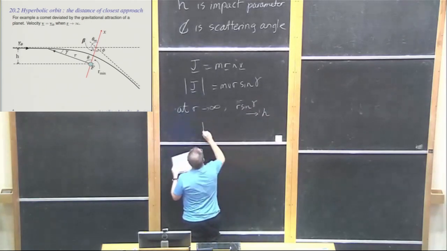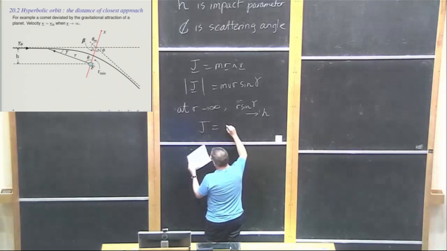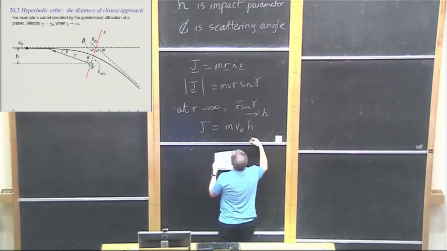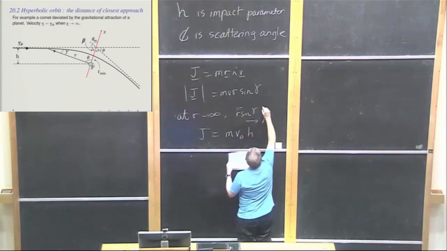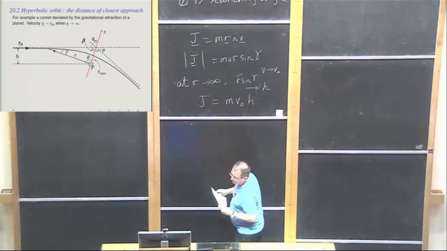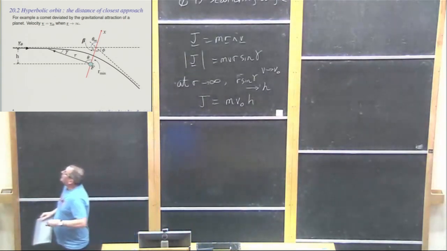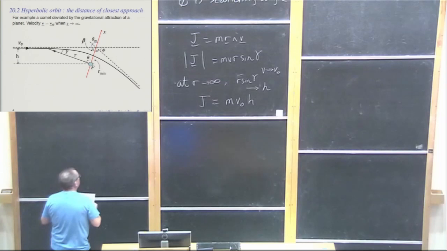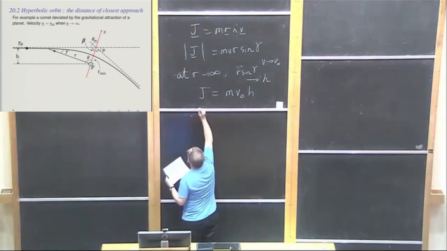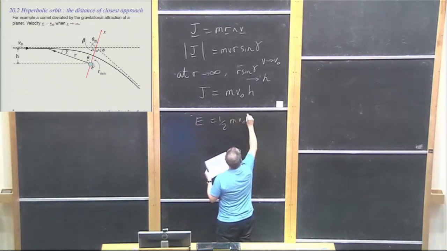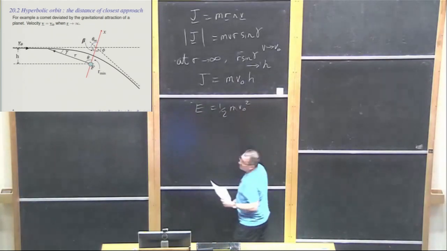And so the magnitude of the angular momentum is just m v0 h, because also at this limit v is v0. So the angular momentum is just the initial perpendicular distance multiplied by mass times its initial velocity. And clearly also E is equal to a half m v0 squared. So this is trivial.